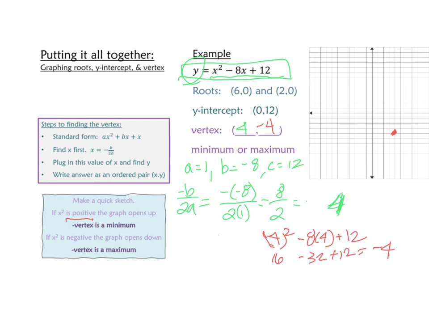Our roots are 6 and 0. 1, 2, 3, 4, 5, 6, and 2 and 0. Our y-intercept is 0, 12. 4, 6, 8, 10, 12. So our parabola looks something like this.